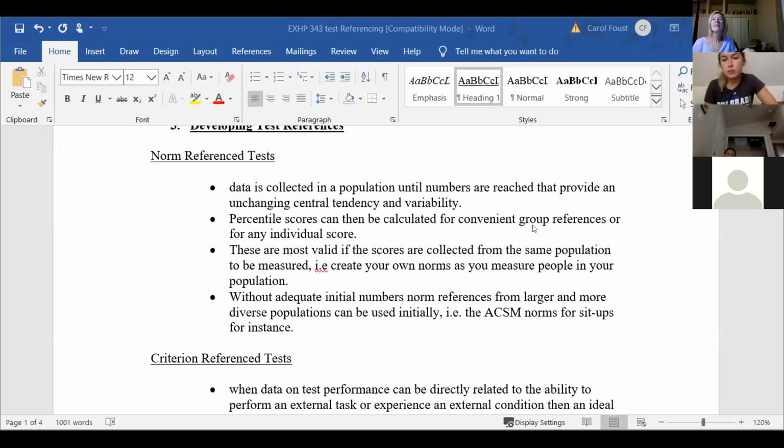So what was the median, the mean of the midterm? Then you might look at what was the percentile. Where did people fall in that distribution? Okay, so we can do that as norm referencing.